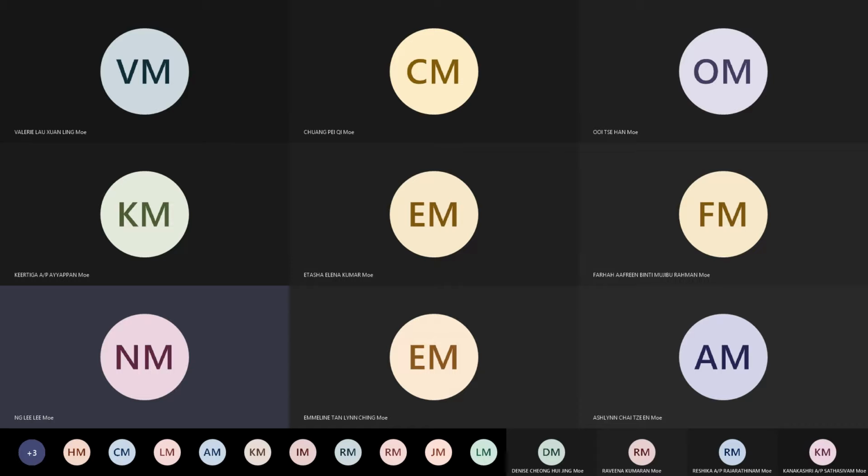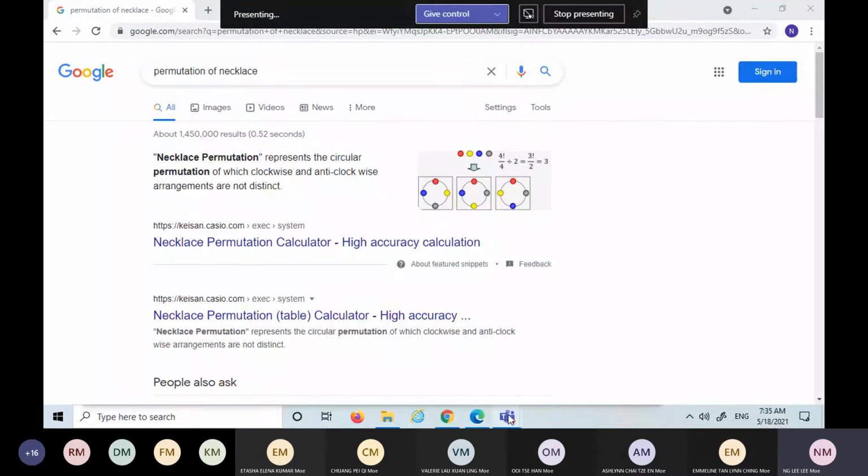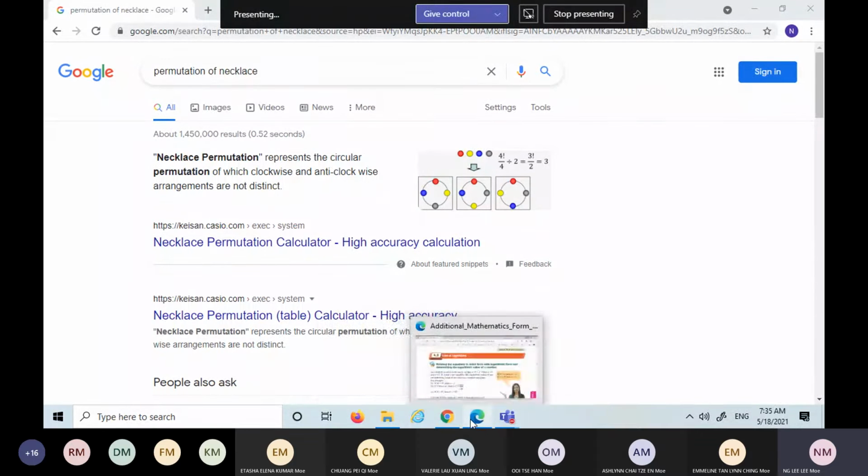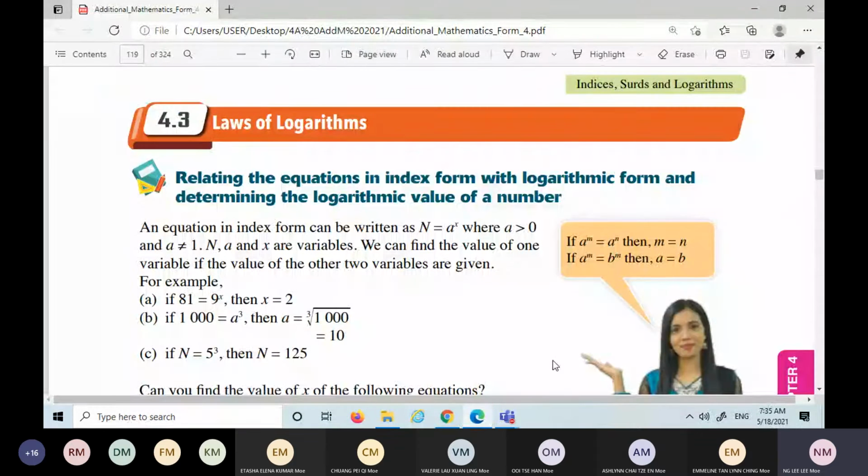Okay, if there are no questions for yesterday's homework, today I will go to another subtopic, which is the law of logarithms. First of all, I will share. Can you see the textbook or not?